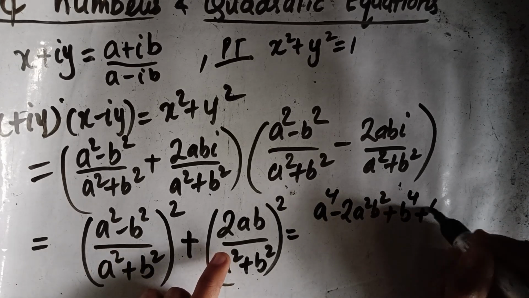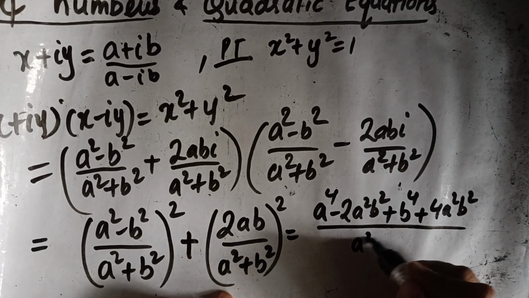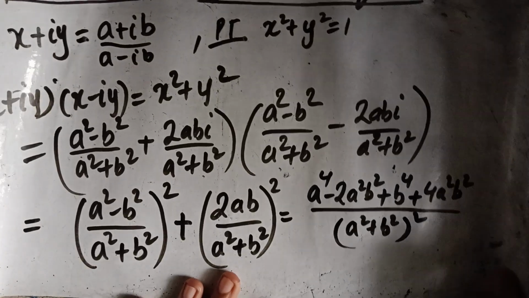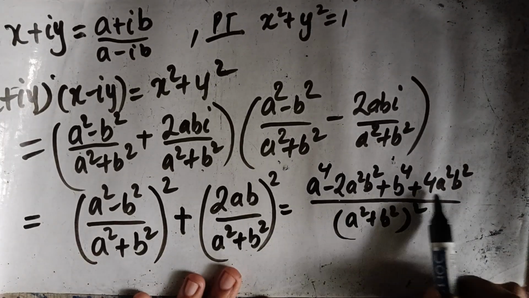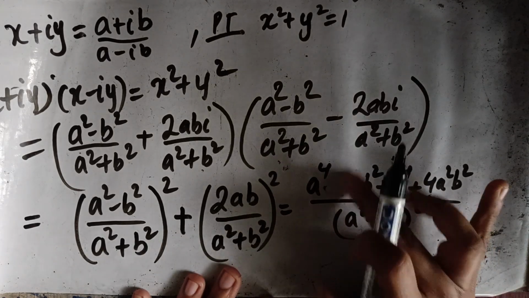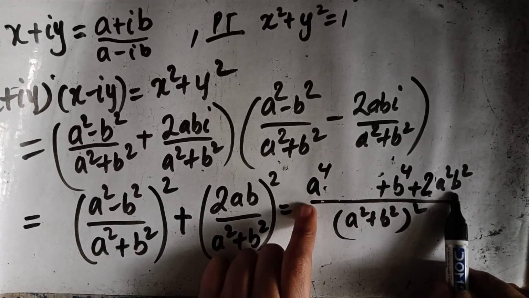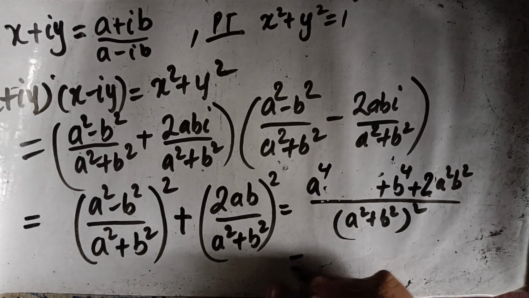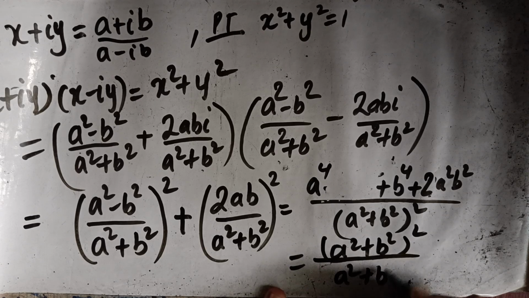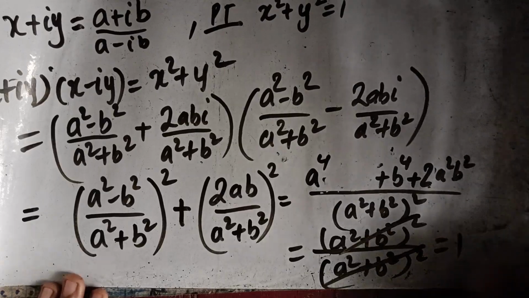And this is plus 4a square b square, upon (a square plus b square) the whole square. So this is minus 2a square b square plus 4a square b square, so it is 2a square b square. And the thing which remains is a raised to 4 plus 2a square b square plus b raised to 4, and this is nothing but (a square plus b square) the whole square. So it is equal to 1.